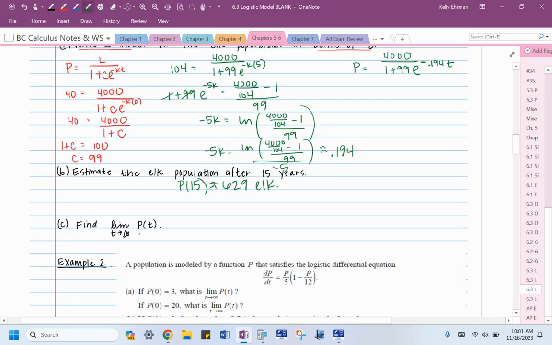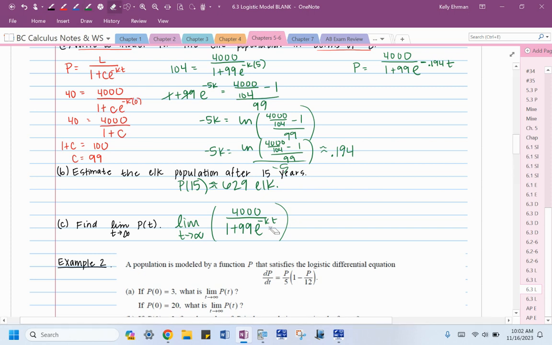Find the limit as t approaches infinity. So the limit as t approaches infinity of 4,000 over 1 plus 99 e to the negative kt. It doesn't really matter what k is. Now pay attention to the negative exponent.